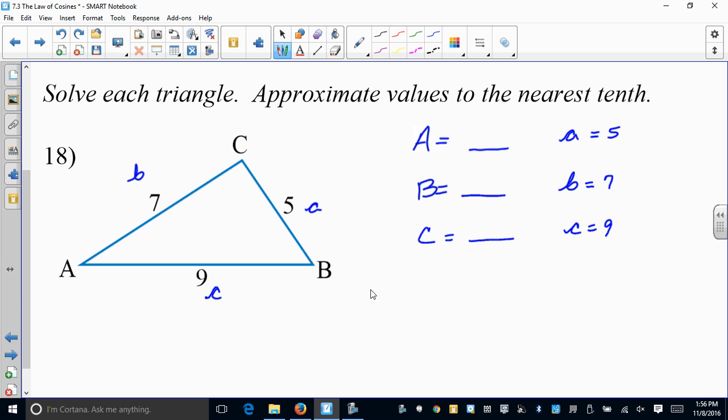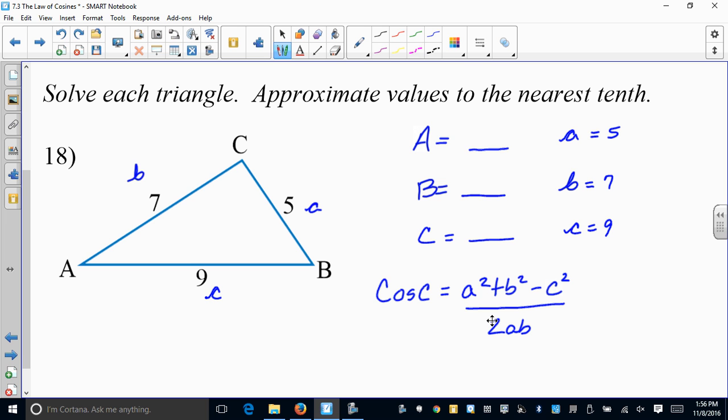So on this one, now I did not give this to you earlier, but you can tweak that formula a little bit. That way you find cosine of C right away. So cosine of C is equal to A squared plus B squared minus C squared all over 2AB.